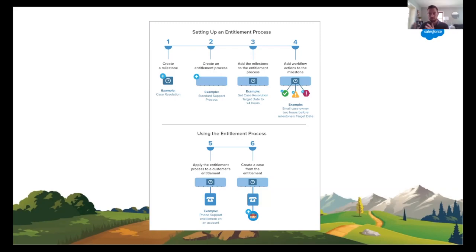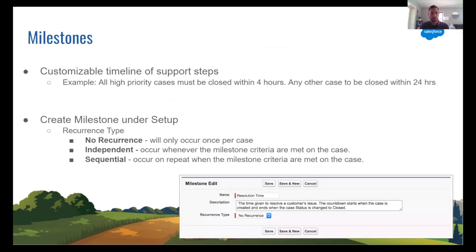And then you can have a premier one additional to that. And then to really utilize it, and when you see it into effect, it's created a case from that entitlement, triggering any time sensitive things that we have there. So that's the very 10,000 foot view of this. And then I'll dive in a little bit deeper on this.